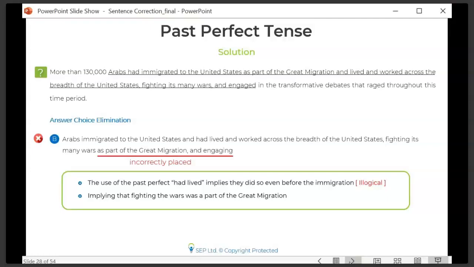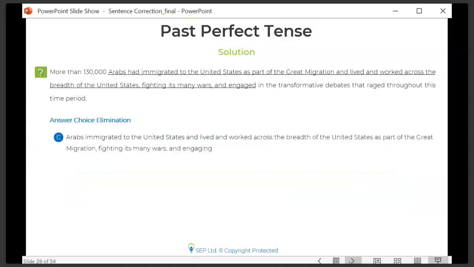Let's see choice C. A very small percent of you had chosen choice C, but whether it is correct or not, let's see. Here is choice C. Arabs immigrated to the United States, and lived and worked across the breadth of the United States. That is also fine. As part of the Great Migration, fighting its many wars and engaging. So if I look at choice C, everything is in place, right?